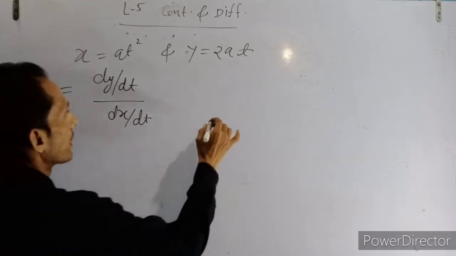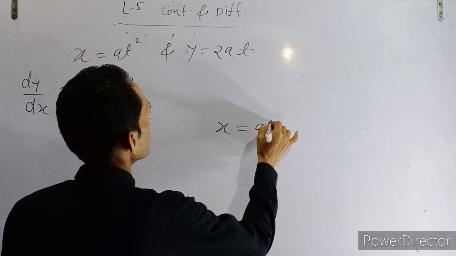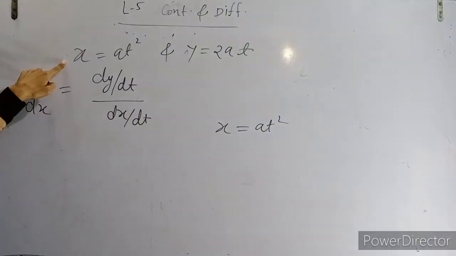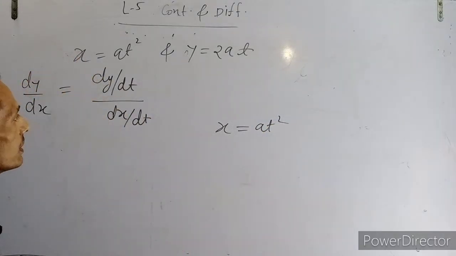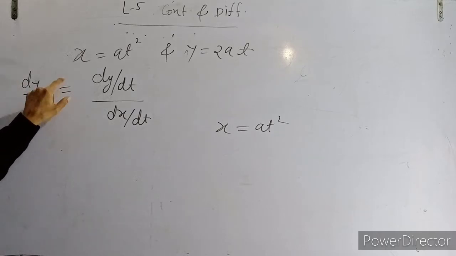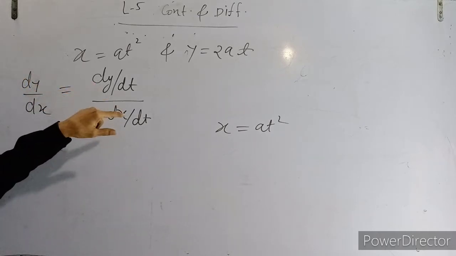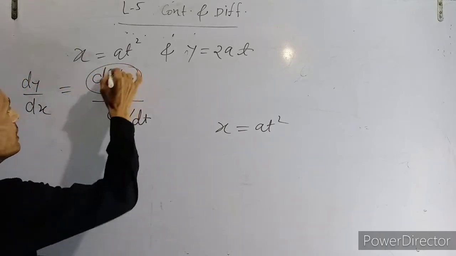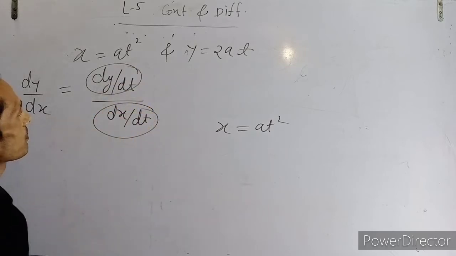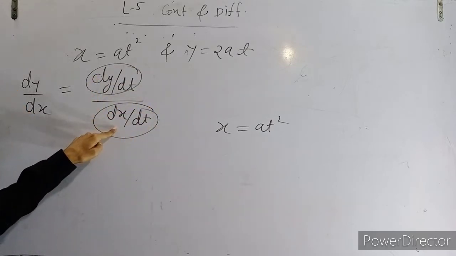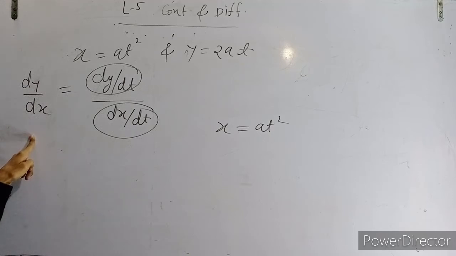Suppose you are given x equals at square, as an example. For dy by dx we have to find the value of this one and the value of this one, then put these two values. In this way we can find dy by dx.